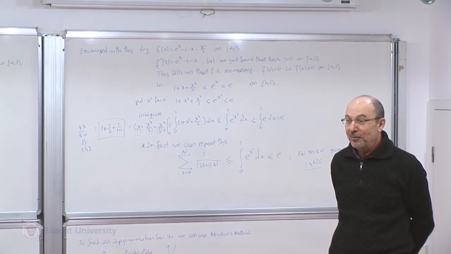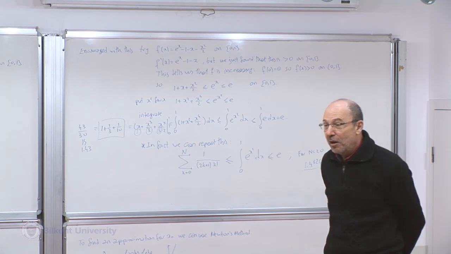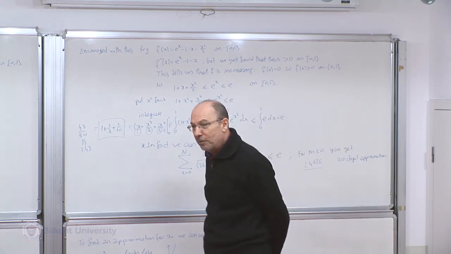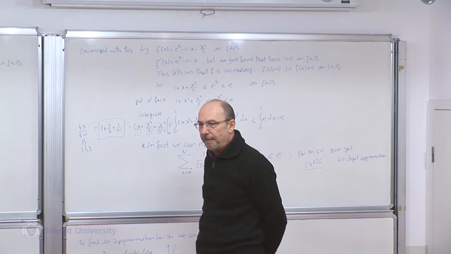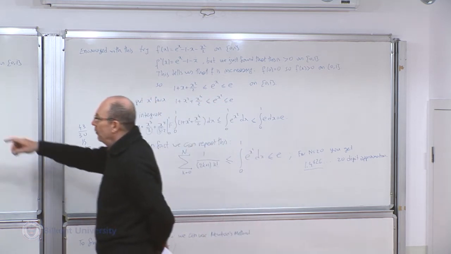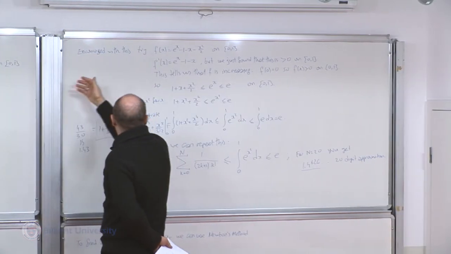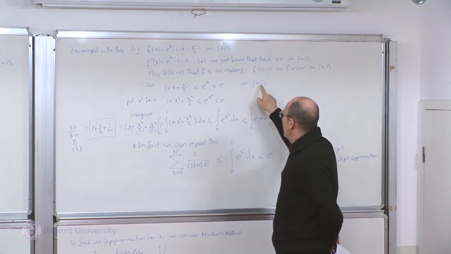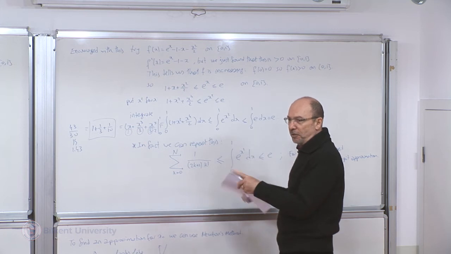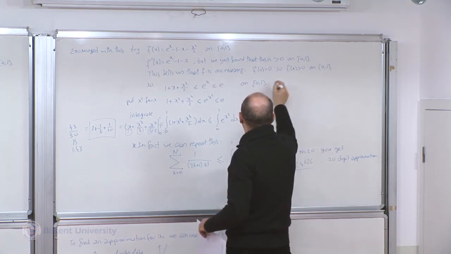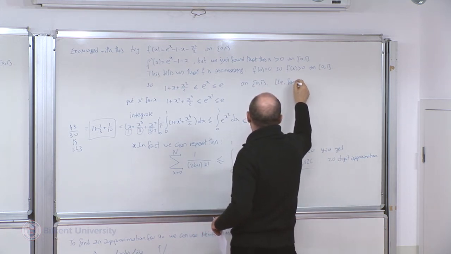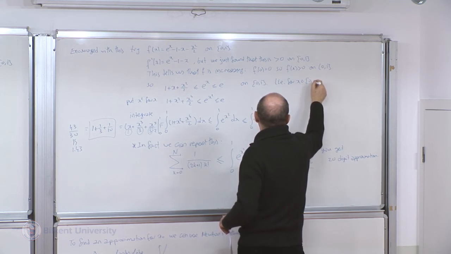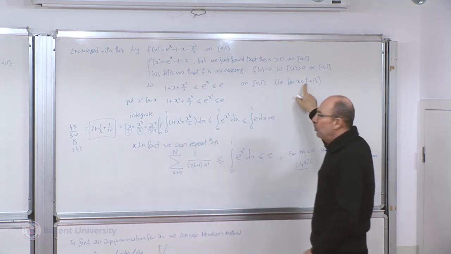How can you put x squared instead of x? Let's take, for example, this one. For x in [0, 1], this means that x is here. How do you read this?